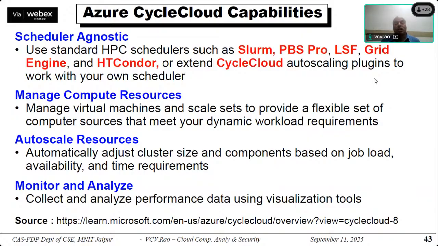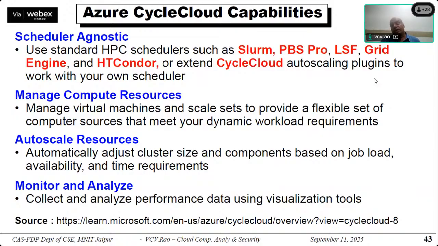Now, in the case of Azure, you have many virtual machines. You need to manage them, and you need to have fewer or more virtual machines based on the flexibility of the compute resources, so that you can meet the dynamic workload. That means you need to manage the compute resources also. Auto scale means cluster size can be increased or decreased. But earlier, there were no GPUs. Now GPUs also come into the picture.